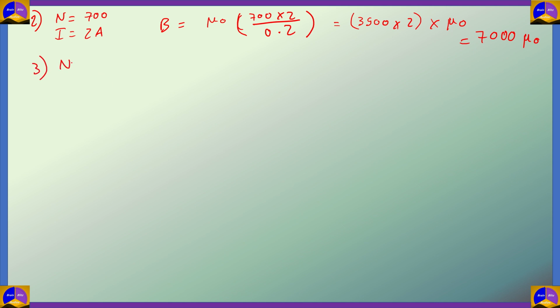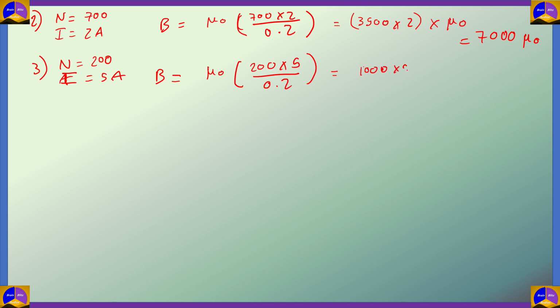Option 3. This time the number of turns is 200 and the value of the current would be 5 amps. So here magnetic field strength is equal to mu naught times 200 times 5 over 0.2. So 200 divided by 0.2 gives you 1000, which means that 1000 times 5 would be the value inside the bracket. So we get 1000 times 5 into mu naught, which gives you 5000 mu naught.